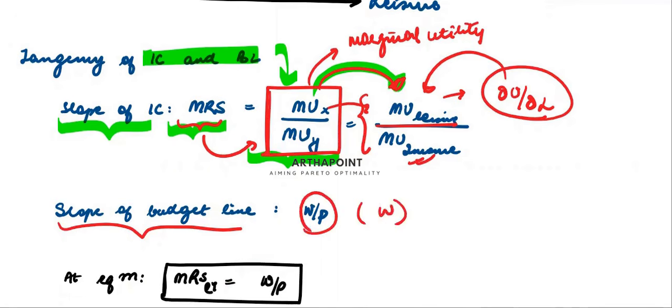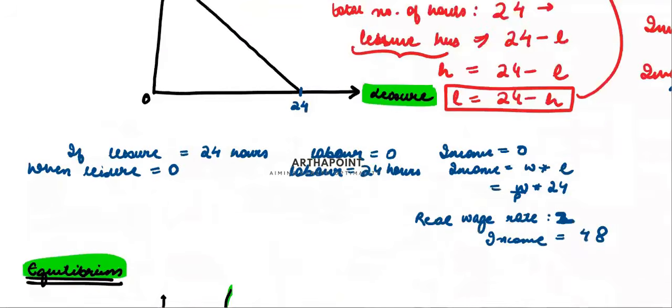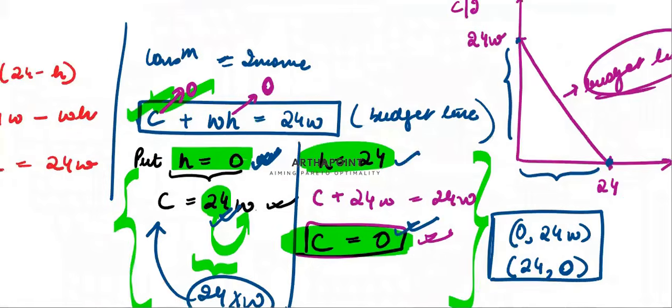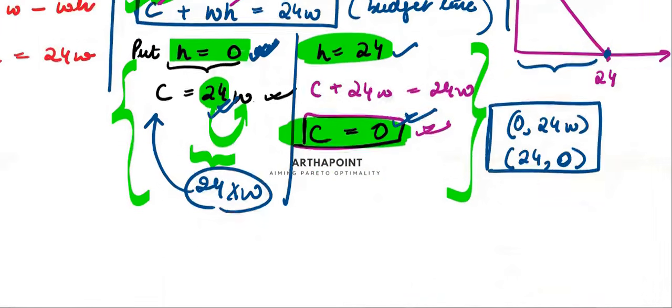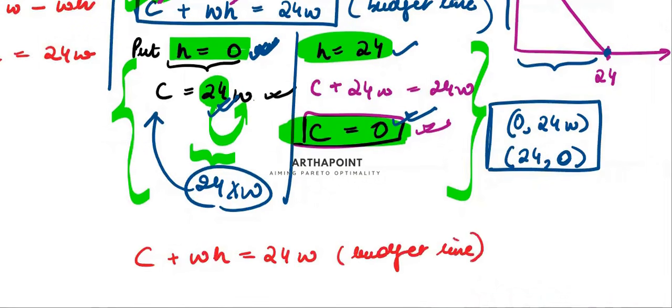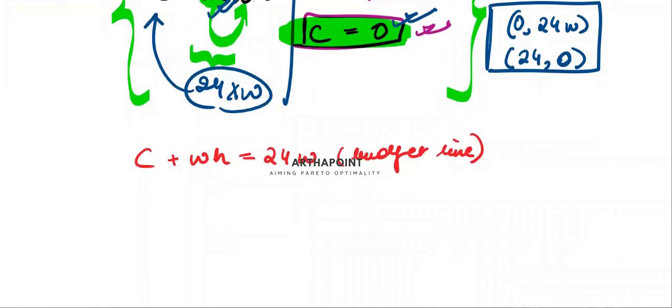Now I will explain how W by P is coming here. So now go back to the same budget line that we had. So I had written C plus WH is equal to 24W. This is the budget line that we had written, right? Suppose I tell you that consumption has a price.